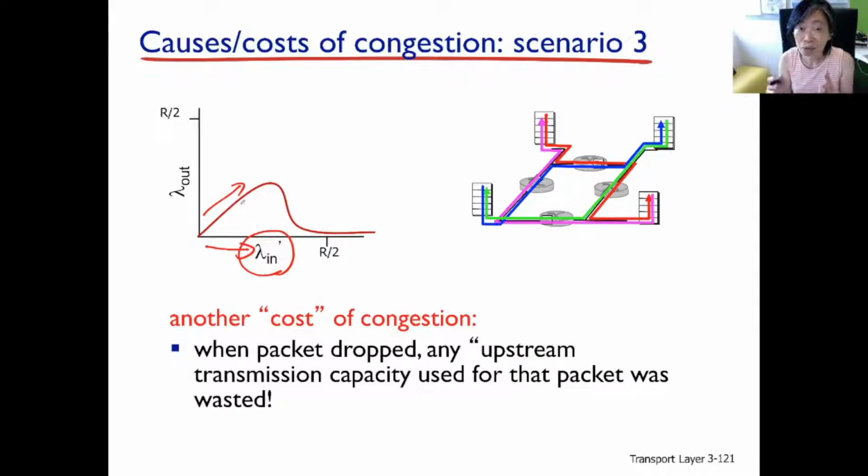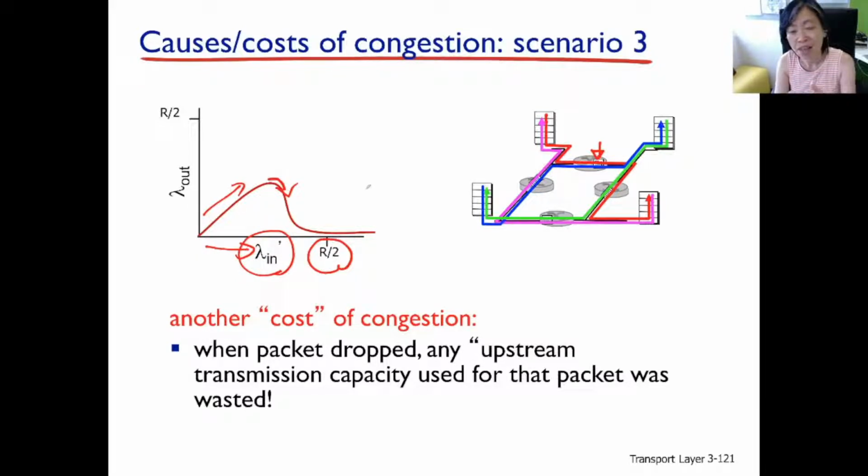But as it approaches half of R, blue packets get dropped a lot. Originally not so bad, but in the end, when buffer overflow could occur here, blue packets get very little chance of coming through, and the throughput is going to be even lower.